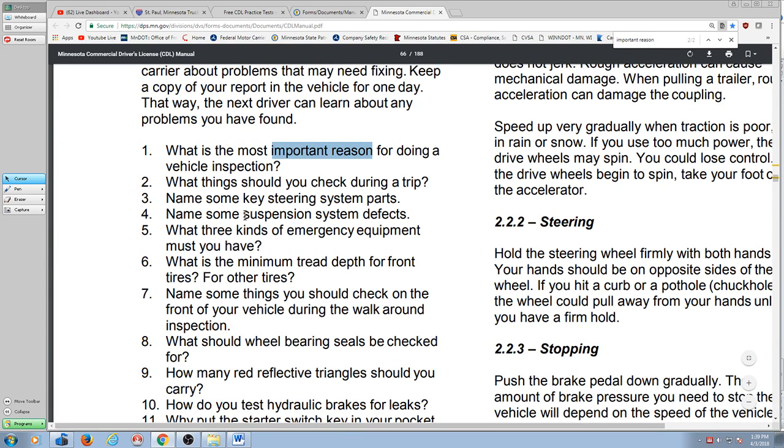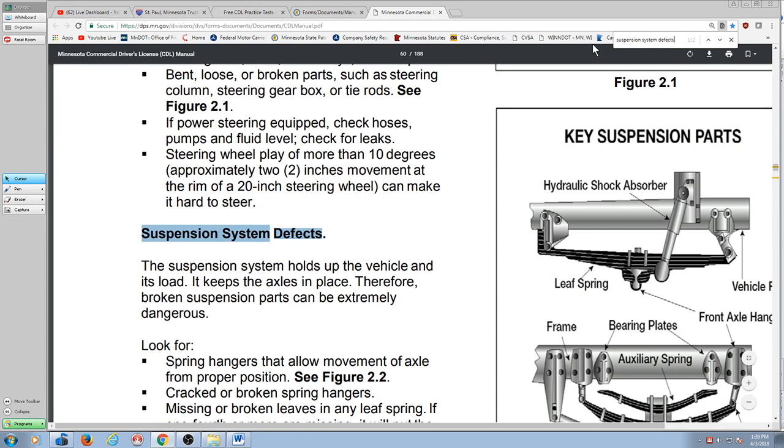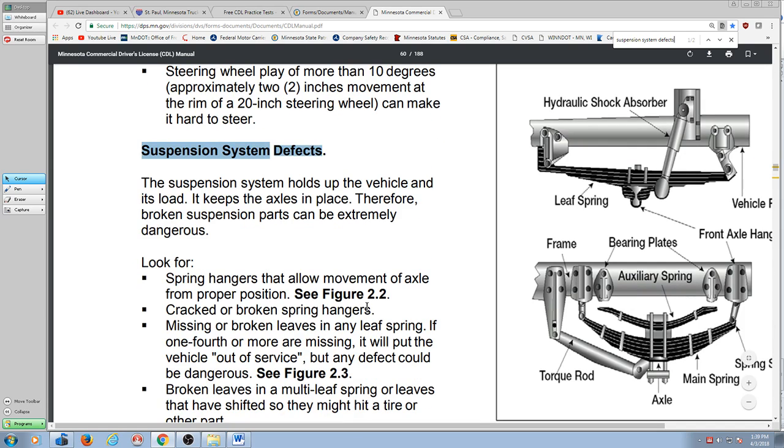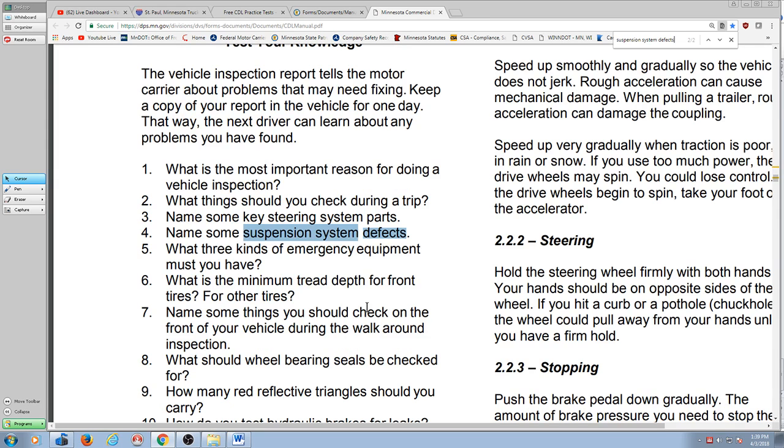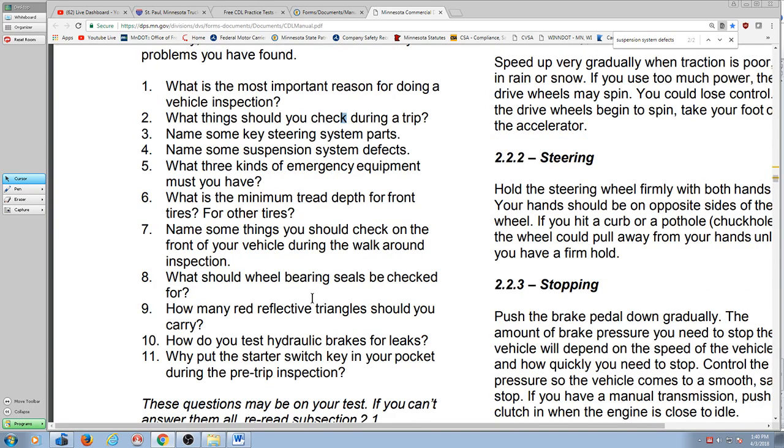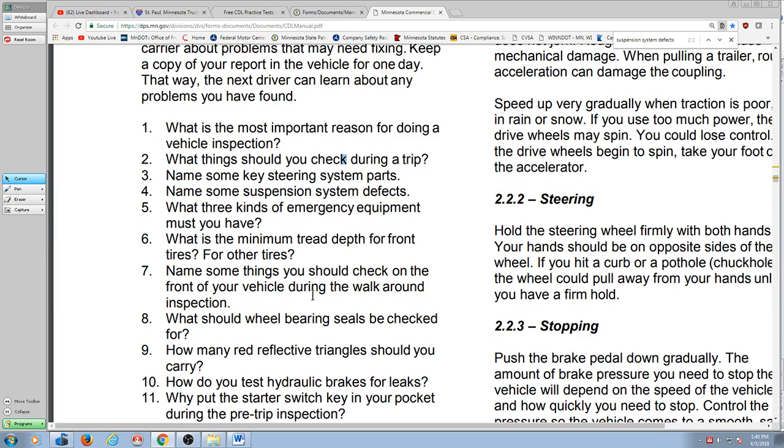How about suspension system defects? Gee, where in the manual is that? Well, I paste it into my find box, and there it is. How cool is that? Right? So you can use the online manual to find where in that section this stuff is. So if you have any trouble finding it, use that online version.